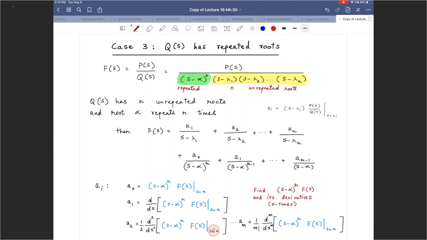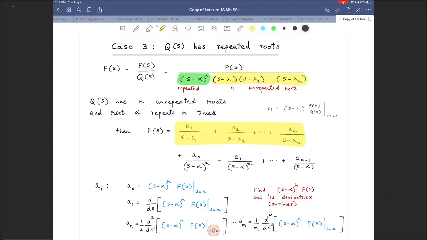All right, so Q of s clearly has n unrepeated roots, and the root alpha, only one value that makes the denominator 0 for the repeated part, repeats r times. In that case, f of s can be broken up into many terms. First, you have all the distinct or the unrepeated roots here. Let me highlight them using yellow, because we have been using yellow there.